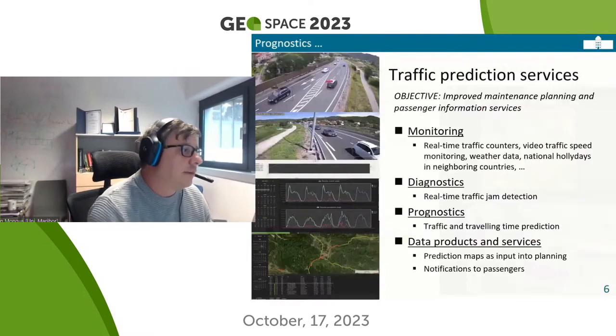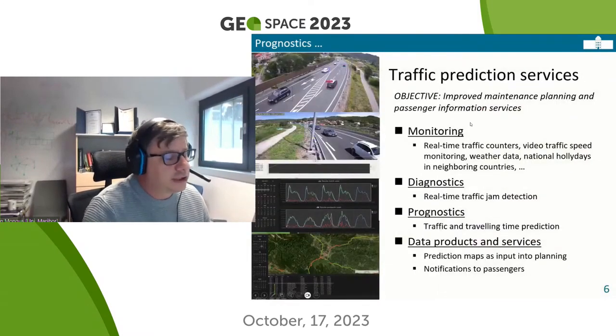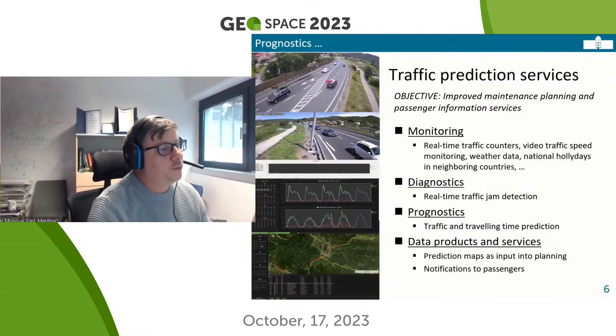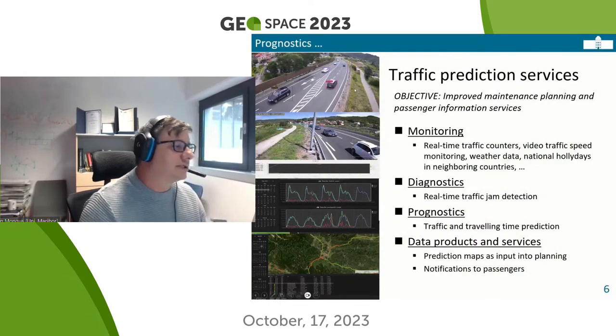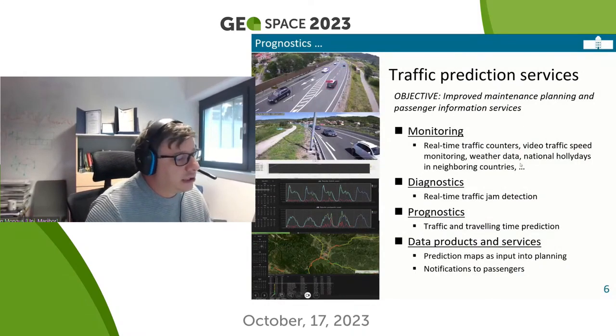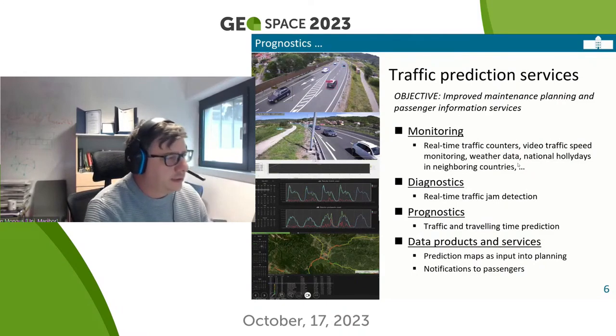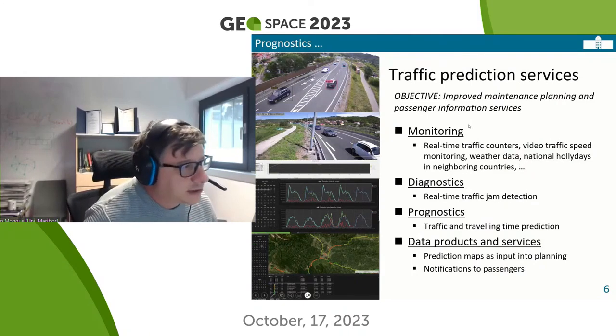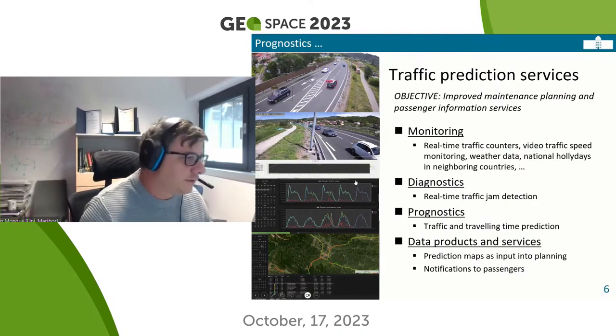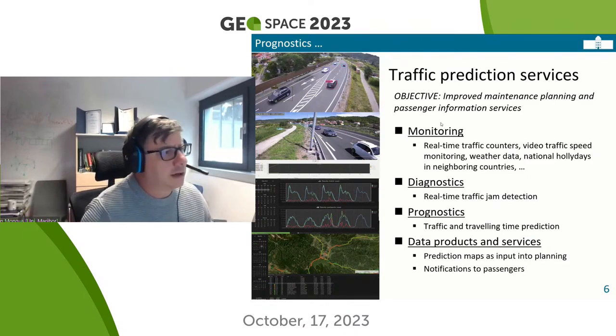When we are talking about prognostics, of course, we are trying to predict how the system or how the spatial things will evolve in the future. In this particular case, for example, we have developed a national traffic prediction service where we integrate real-time traffic counters data.